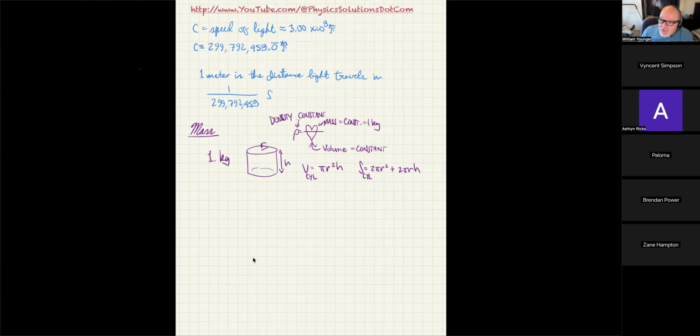Can anybody recall what that operation is to find extrema like maxima, minima, or points of inflection? Anybody recall? Is it the derivative tests? Exactly. You take the derivative of the surface area and you set it equal to zero.